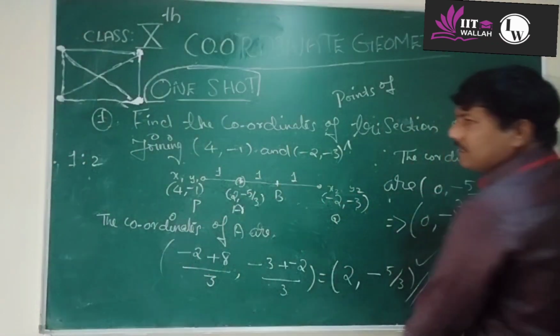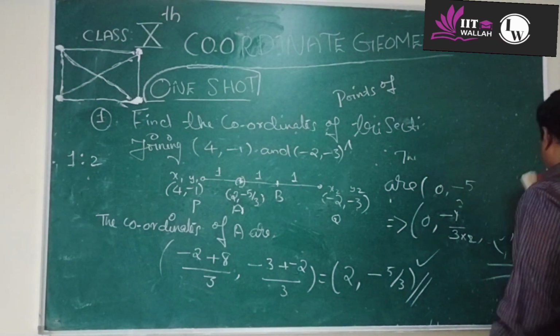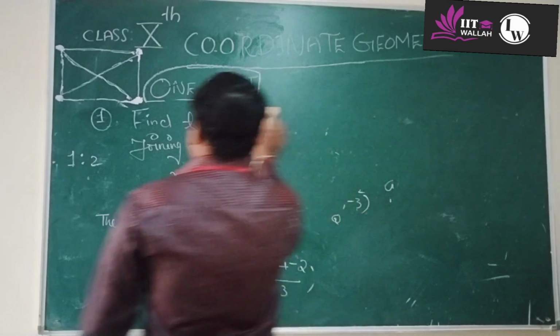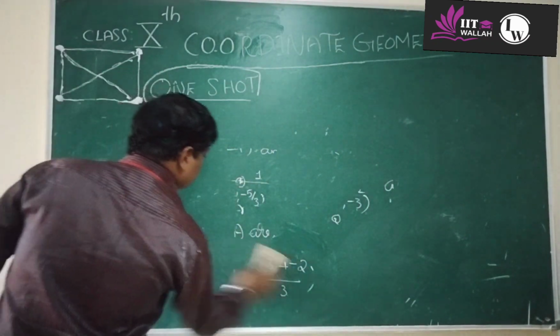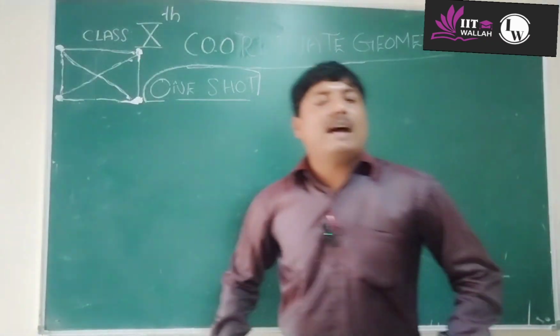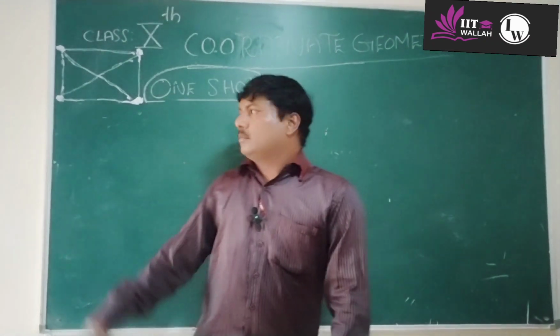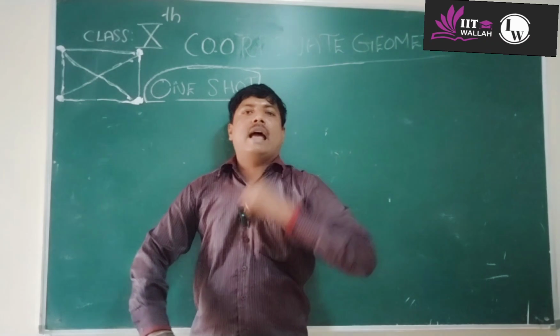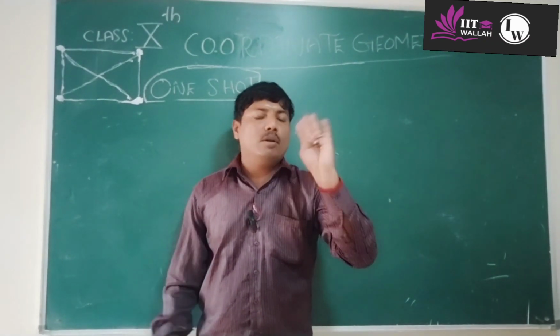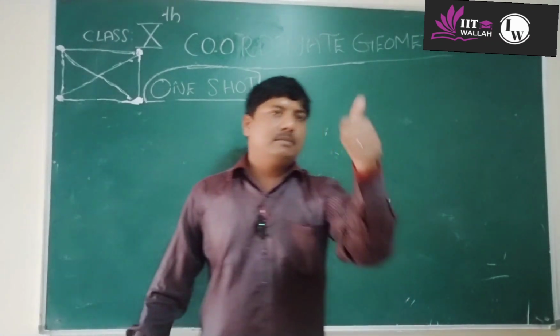So can I rub this now? All important problems we are solving in this video, okay? Only with the help of this video and your hard work, your practice will make you get full marks from this chapter. That is my guarantee. Keep in mind.